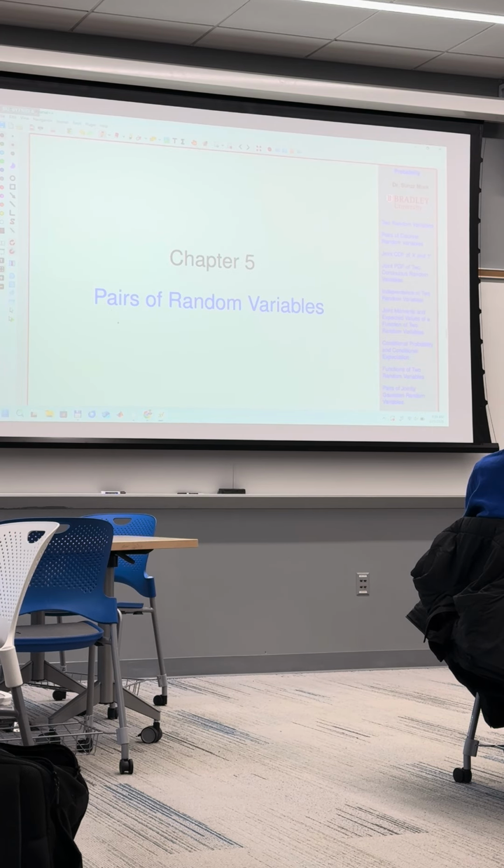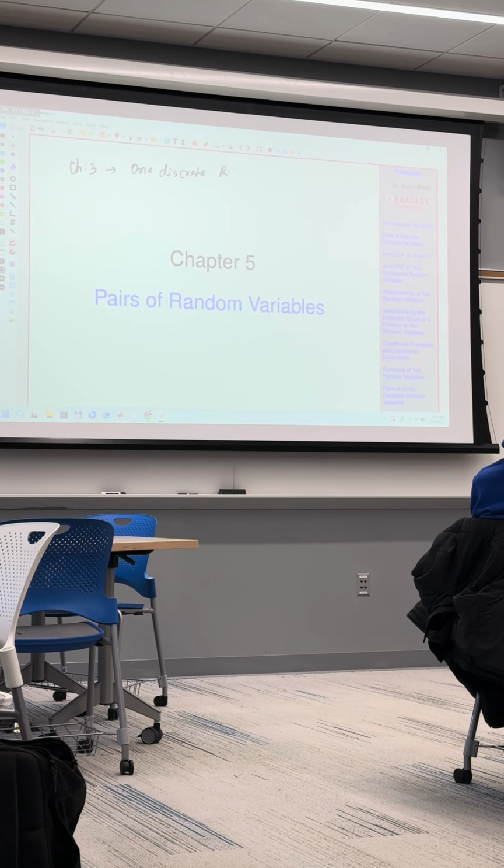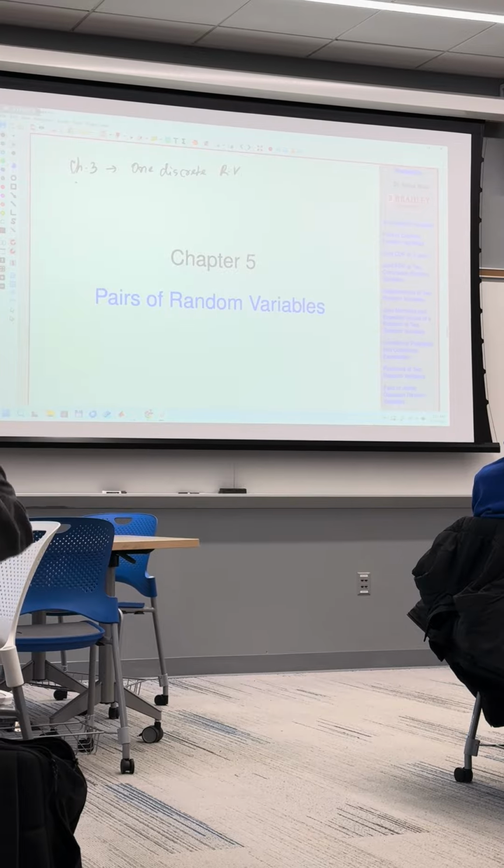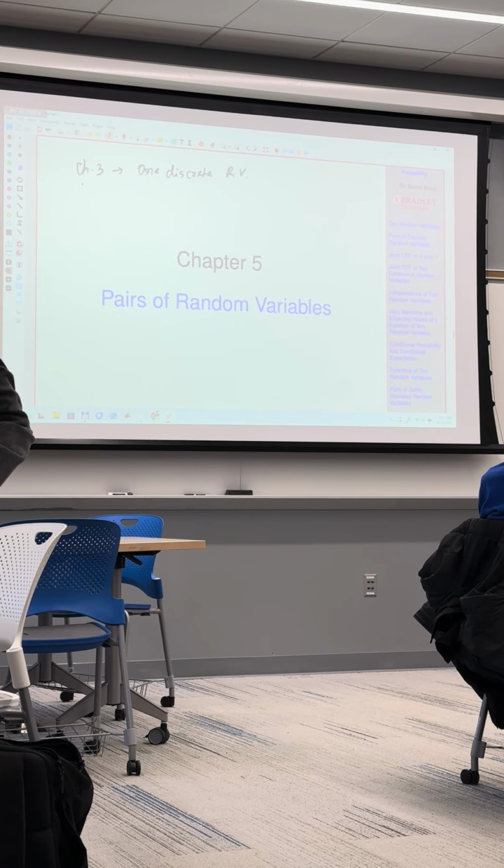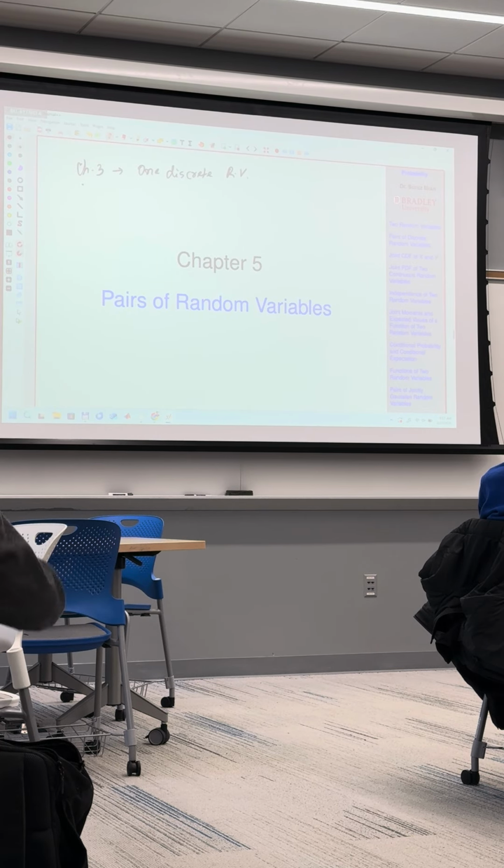Chapter 5 is about pairs of random variables. In chapter 3, we talked about one discrete random variable, and we just dealt with one random variable.